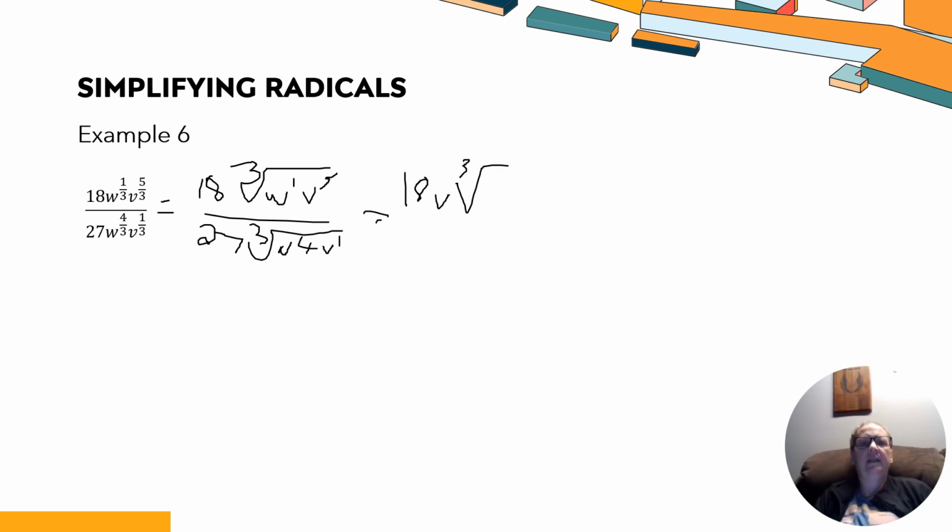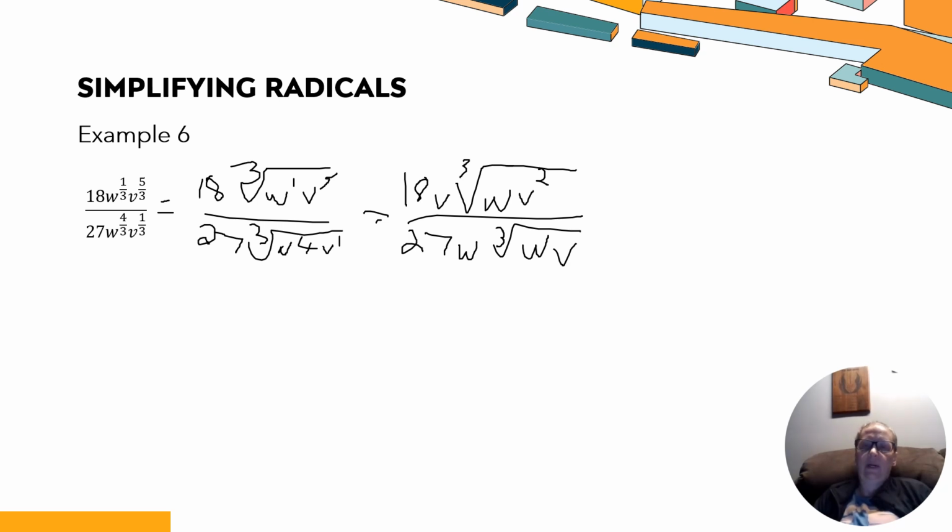So on the inside, I have that w and 2 v's, so v squared. And then on the bottom, I have 27, and then w to the fourth. So 4 divided by 3 is 1 with a remainder of 1, so 1 w comes out, and 1 w stays in. So that w stays in, and I also have that v that stays in.